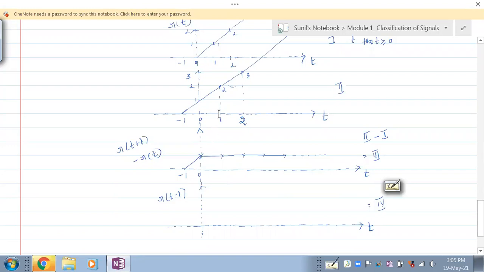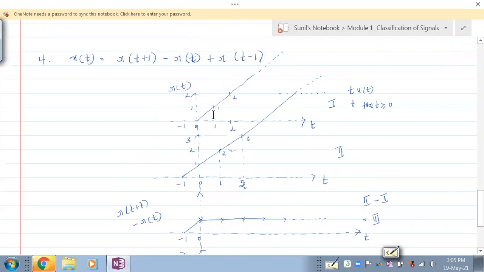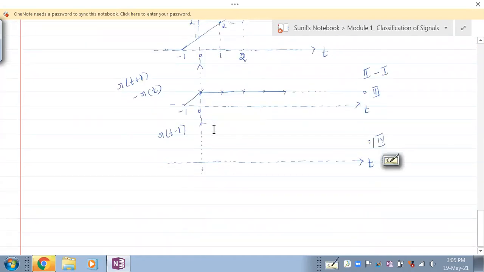R of t minus 1 starts at 1. R of t is here. So r of t minus 1 is shifting this r of t to the right by 1 position. So 0, 1, 2, 3, right? So this one, let's extend, and it starts at 1.